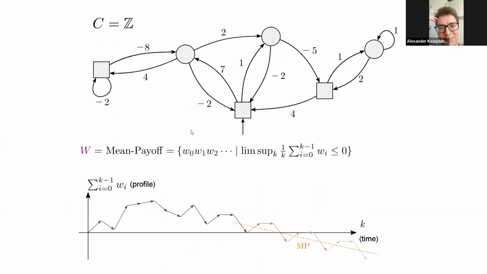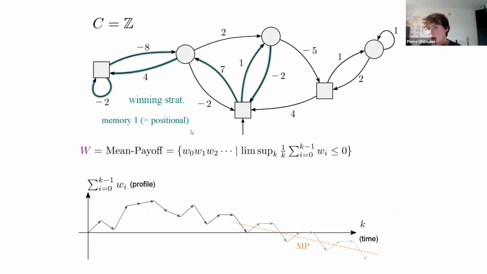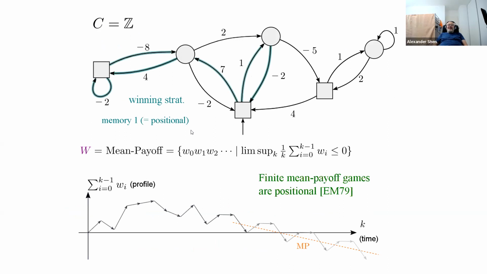No, I don't want to go into discounted games. In the end, I'm not really that interested in this talk in parity and mean payoff games. It's more to introduce the field. Yes, exactly. I mean, I am interested, but it's not the point of this talk.